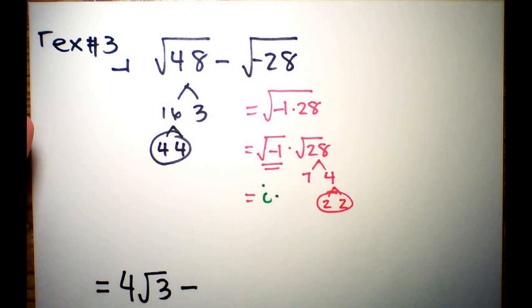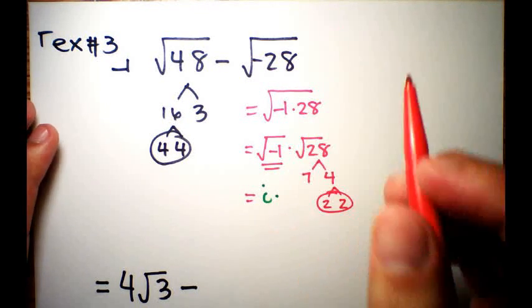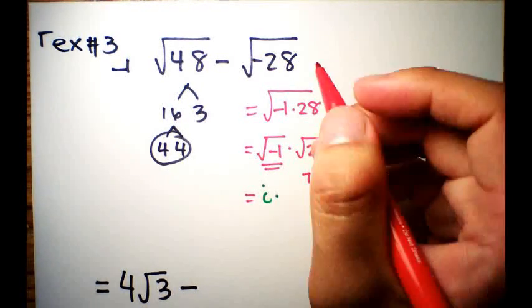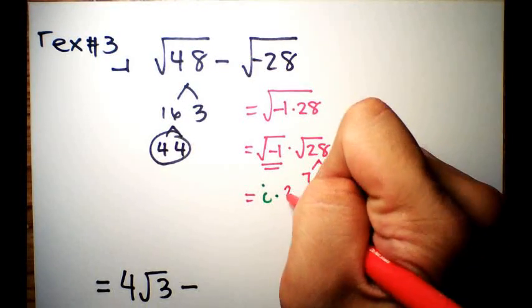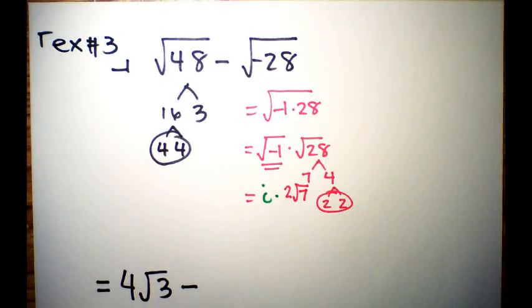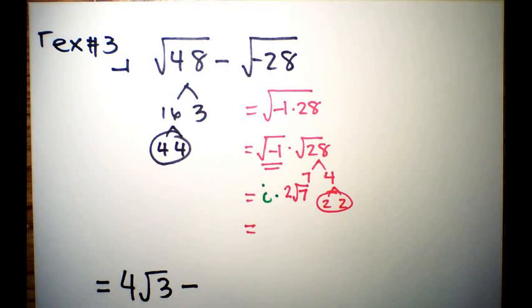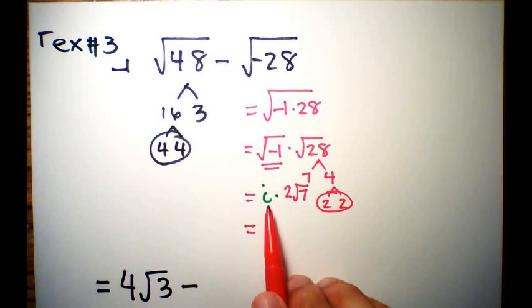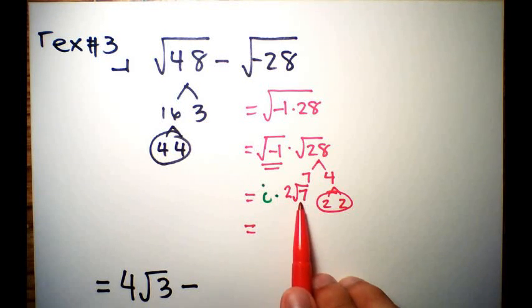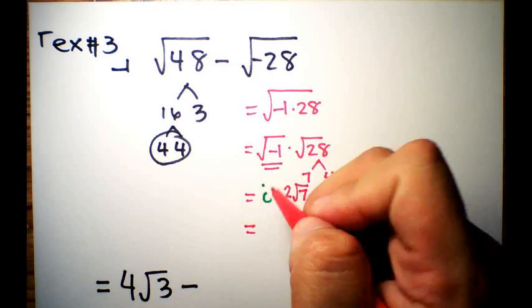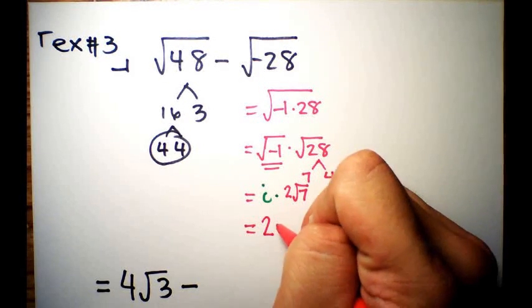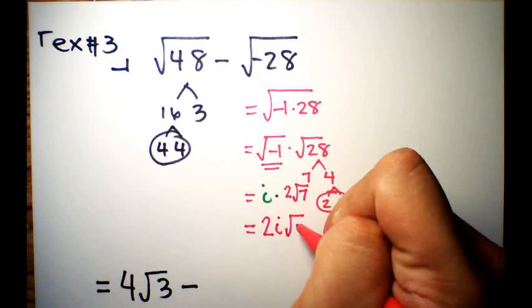So that means that this is going to be I times 2 radical 7. Hopefully you guys could see that right over here. And then from there, just like in example number 2, whenever you have an I, whole number, and that radical, you're going to write it like this. This is going to be 2I radical 7.